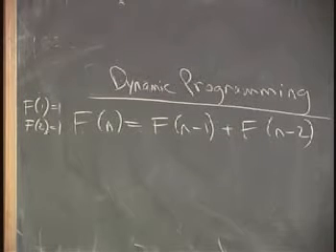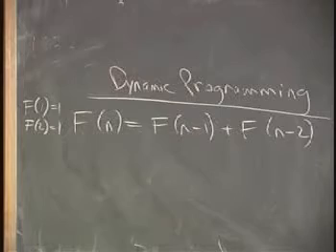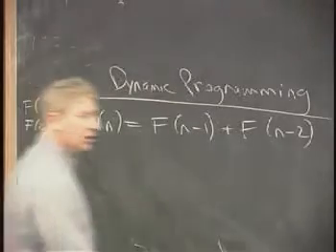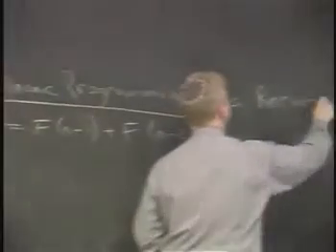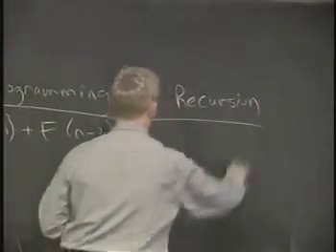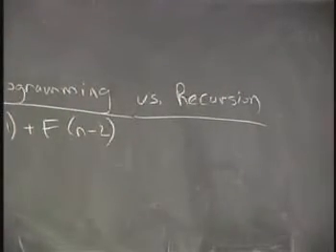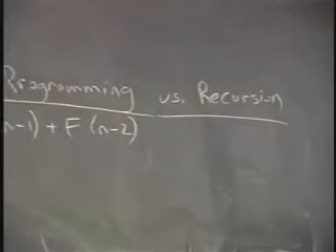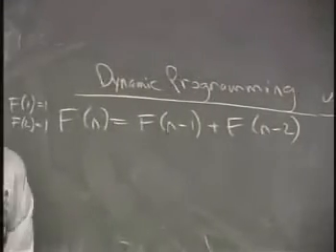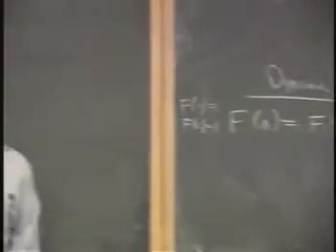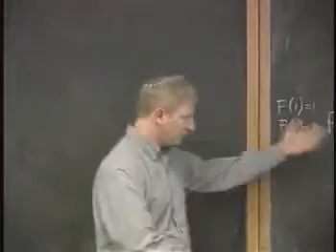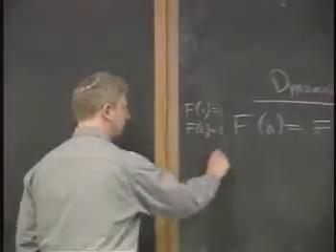Now let's think about it from the point of view of an algorithm. Let's say you wrote a recursive algorithm. Dynamic programming is always the flip side of recursion. They fight each other for which one's the right one to use. If you write a recursive algorithm for doing Fibonacci, then it looks something just like the recurrence equation.